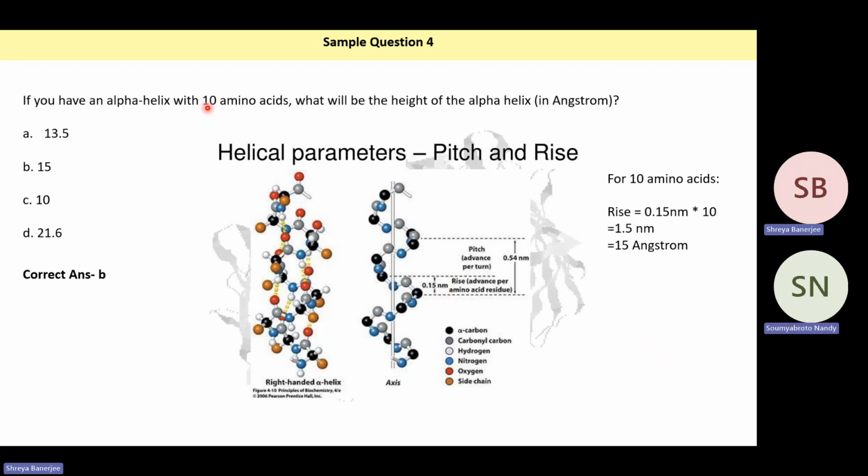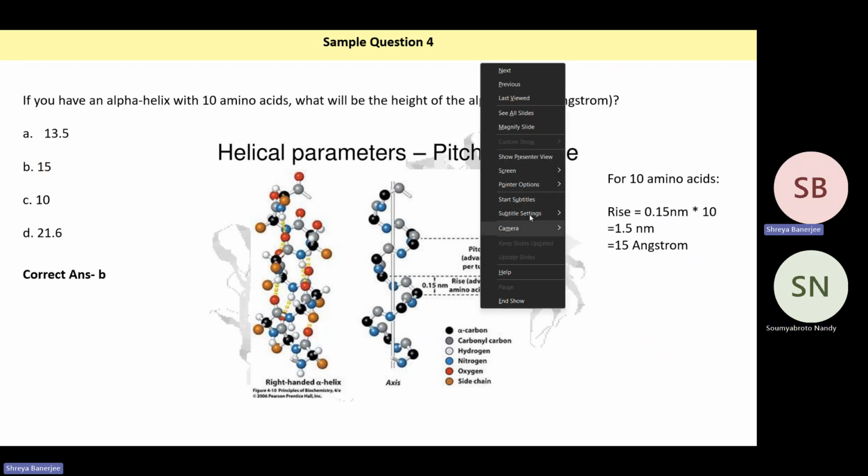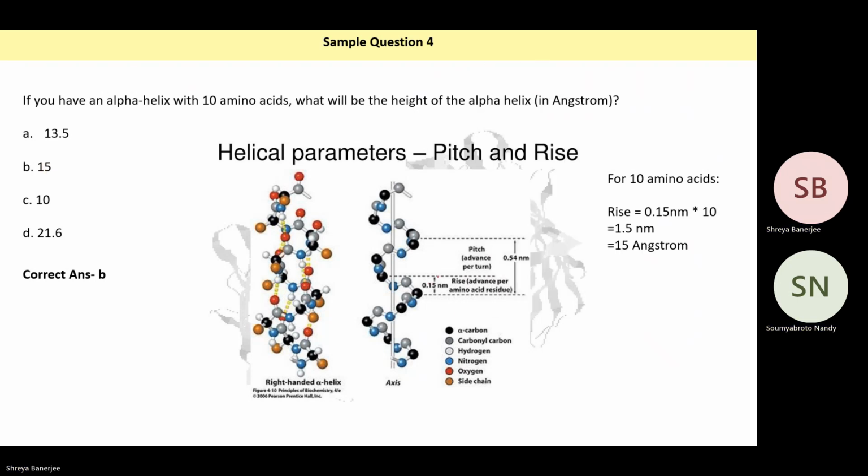And the question is saying you have 10 amino acids. So 0.15 into 10 will be 1.5 nanometer, which is 15 angstrom. So the answer will be 15 angstrom. So you just have to remember this value. 0.15 nanometer is the rise per amino acid.